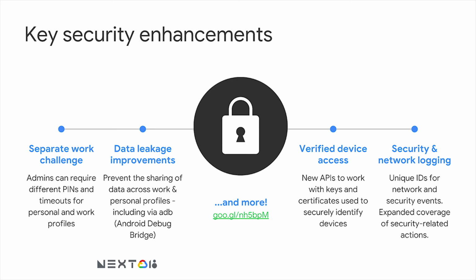The reason for that is that if the logs have somehow been tampered with, or logs or entries have been removed, that would be easy to detect because there would be some sort of discrepancy in the unique IDs. And we've expanded the coverage of security-related actions, so there's an additional level of security actions that will now be added into the log files. There's even more listed on security at that short URL, and I'd encourage you all to read it at your leisure.